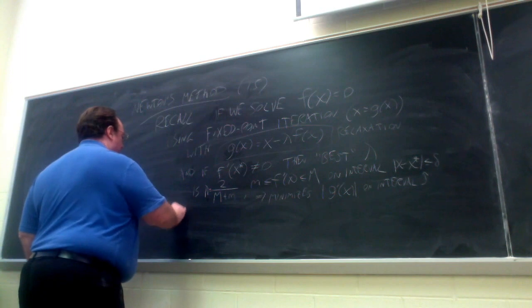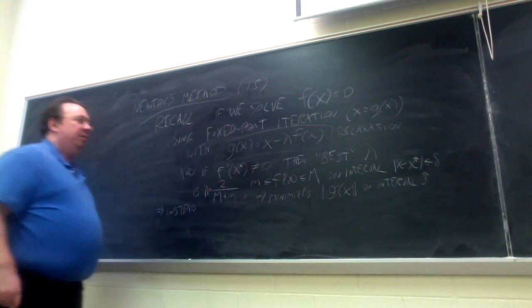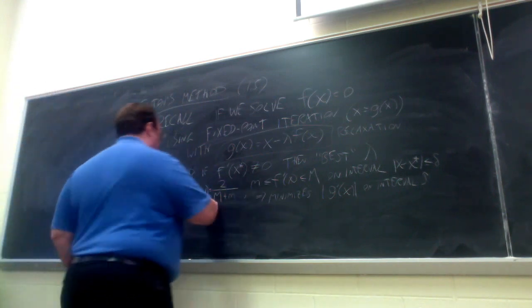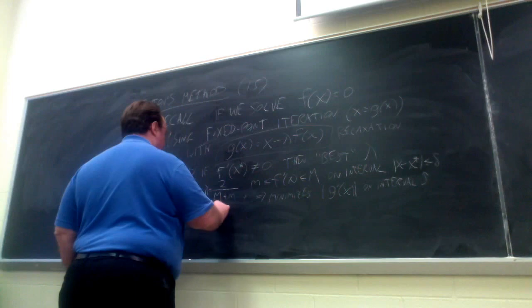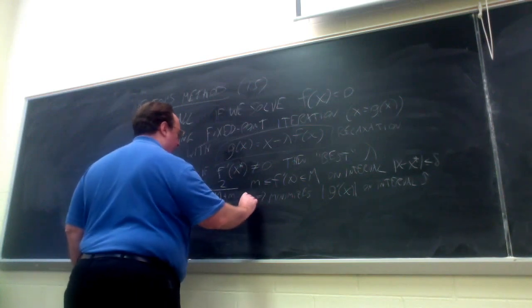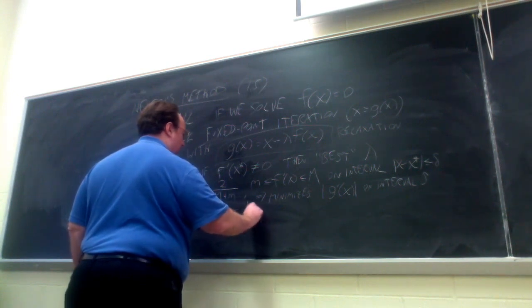So instead of forcing lambda to be fixed throughout the iteration, what we can do is vary it. We let lambda k, it's a variable now, be 1 over f prime at xk.